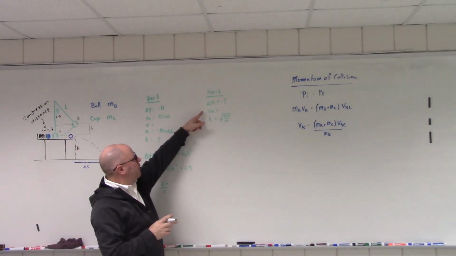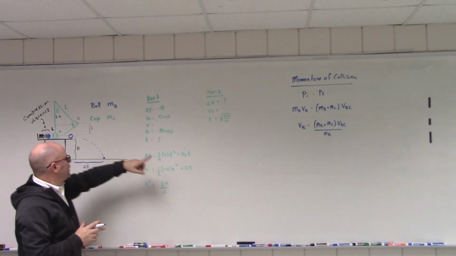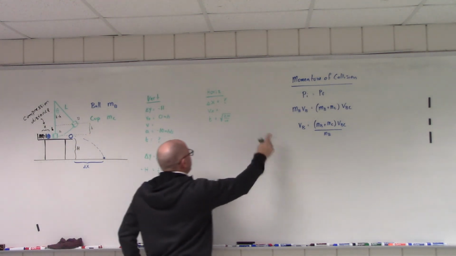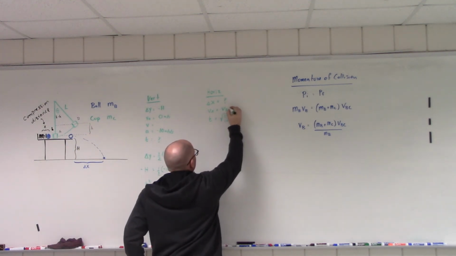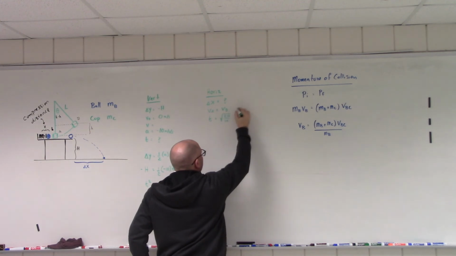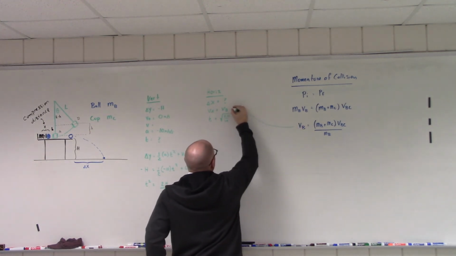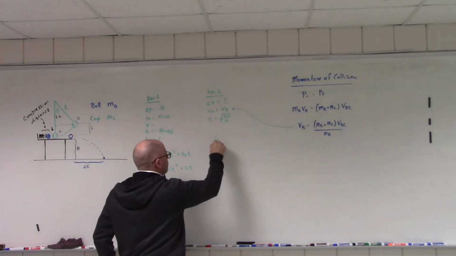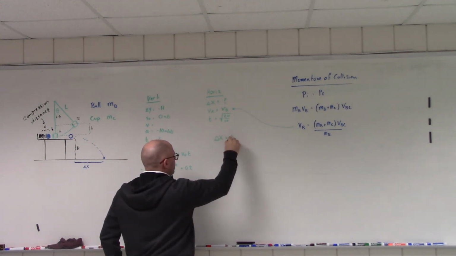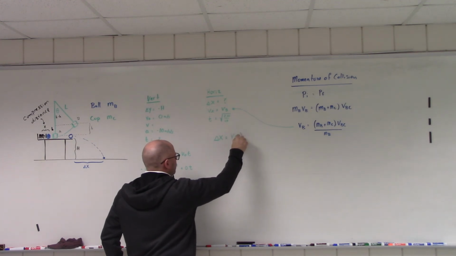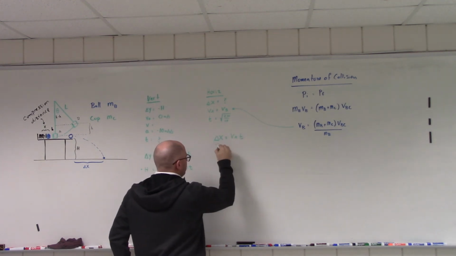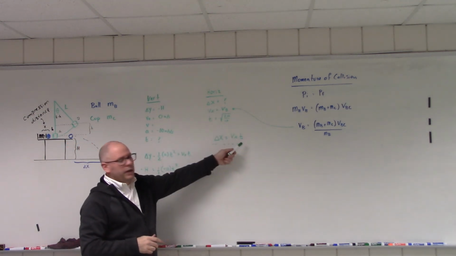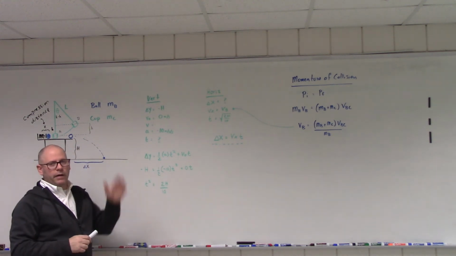If I want to find the v in the x direction, well, it turns out the v in the x direction is the velocity of the ball coming off the spring, which we know right here. And that's how the problem links together. And if we know the velocity of the ball, and we know the time, we can figure out how far it goes horizontally.